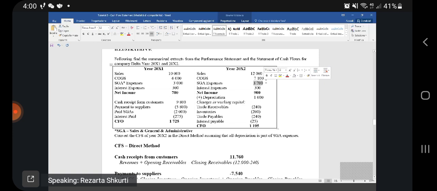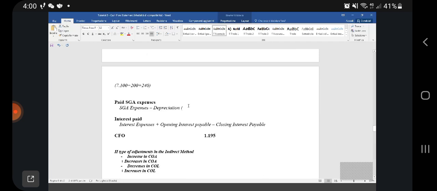The difference between expenditure and the part that I didn't actually pay. So here, 3,700 less 1,000, which is the depreciation, and the paid selling, general and administrative expenditure is 2,700.